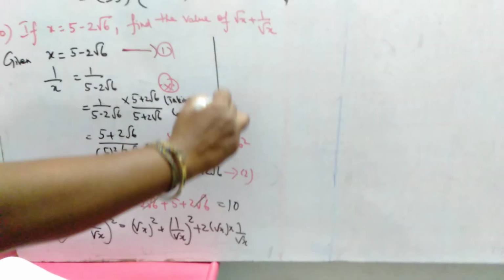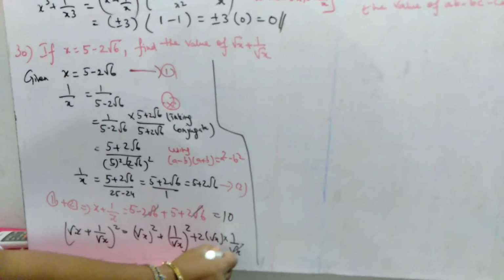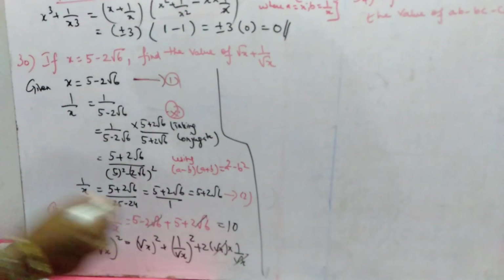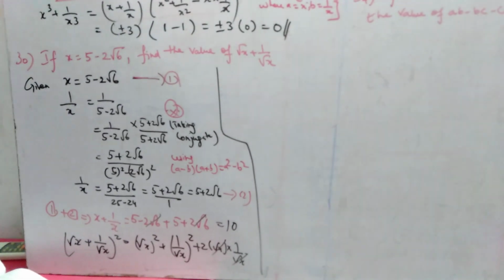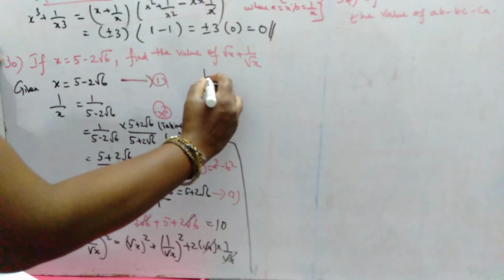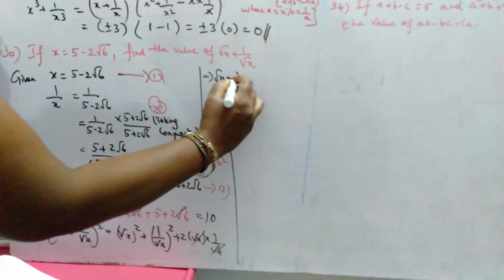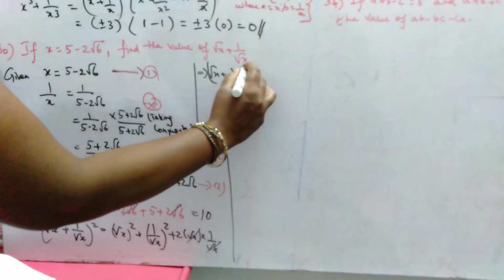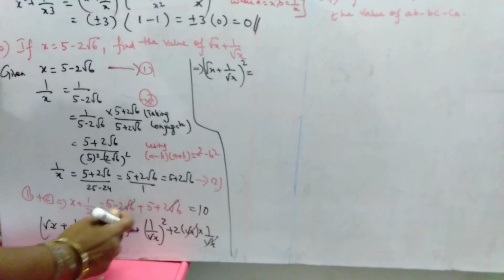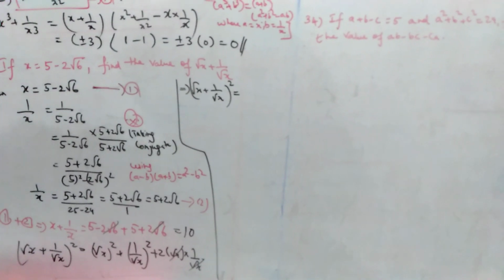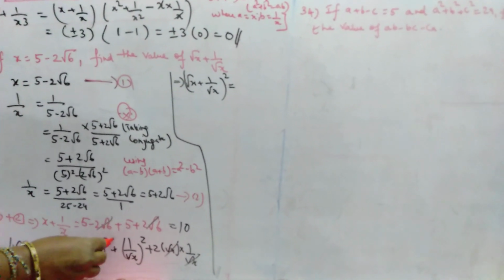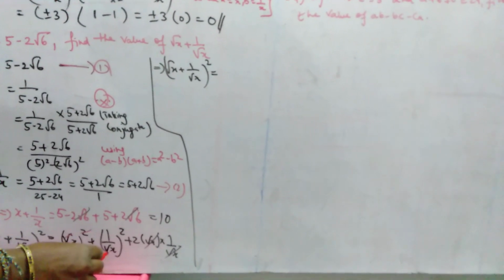So what we are going to do here is this √x will get cancelled. So what we will be getting, √x + 1/√x, which implies (√x + 1/√x)² equals, so √x squared is here, the square and root will get cancelled here also.